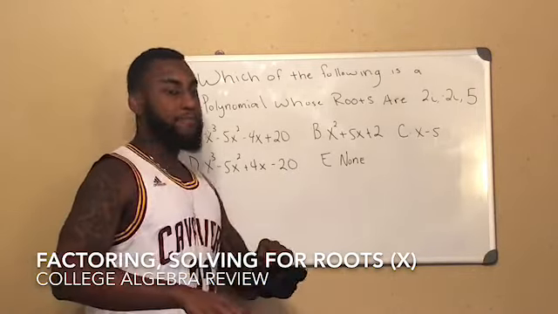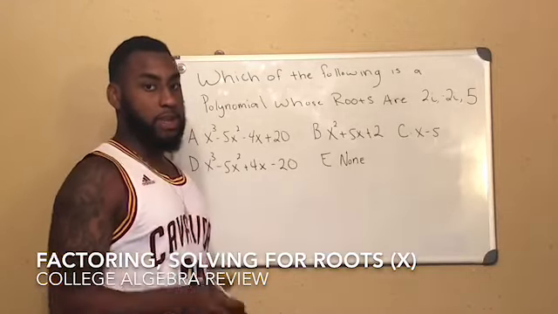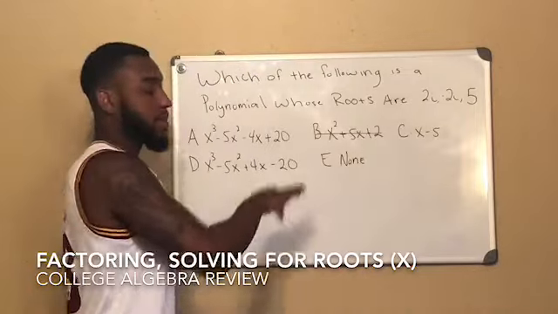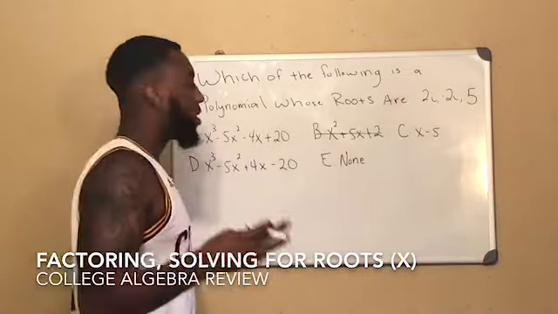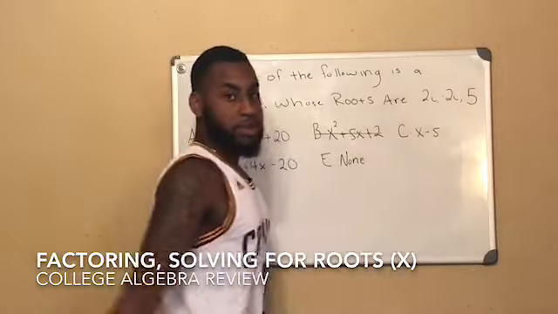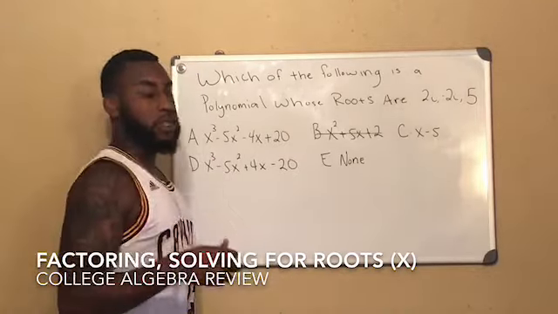So off top, we can eliminate anything that doesn't have an x cubed in it. So therefore, this answer, without even looking, is incorrect. Just knowing that we're supposed to have x cubed in our problem, because we have 3 roots, which means it hits the x-axis at 3 points, so it has to be an x cubed function.